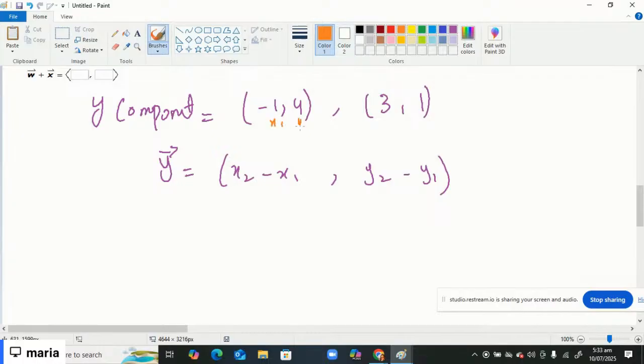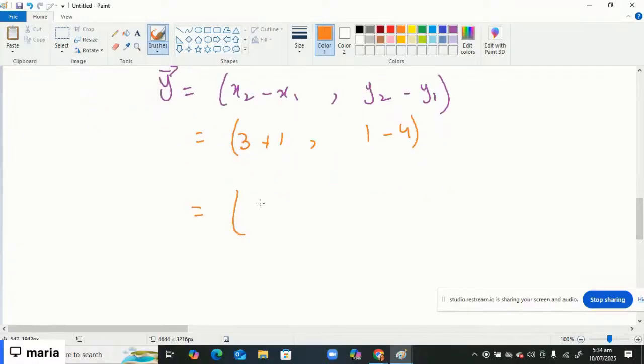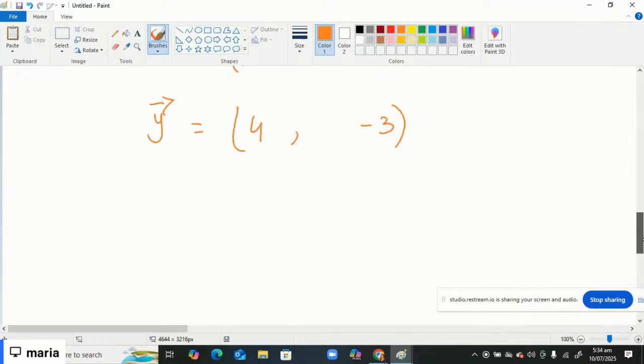As we know, this is x1 y1, x2 y2. So x2 is 3, minus minus becomes plus, 1 minus 4. So 3 plus 1 is 4, and minus 3. This is your y component.